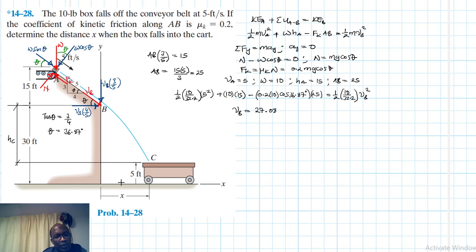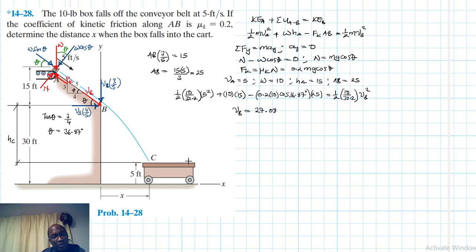and then we'll need to find the time it takes for the box to move from B to C, and at this particular point acceleration due to gravity will take over, right?